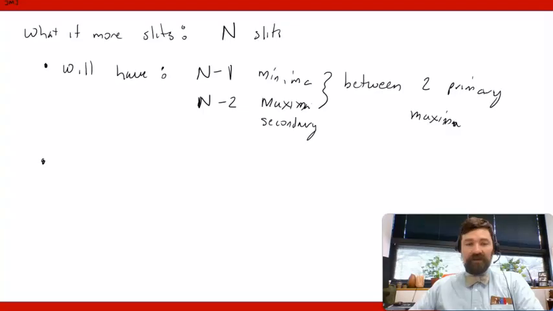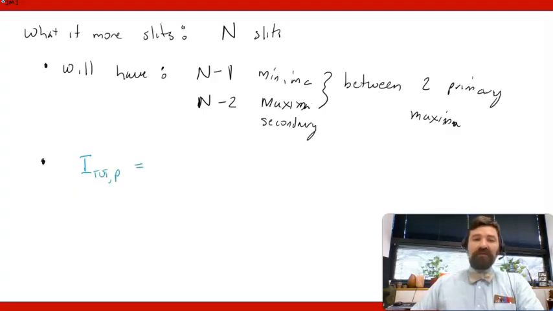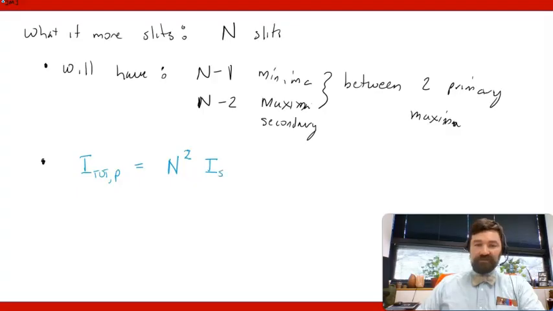The other part of the pattern is that I total at a primary will tend to be basically N squared times I for a single slit, where I for a single slit is also the intensity at a local minimum, or at a secondary maximum.